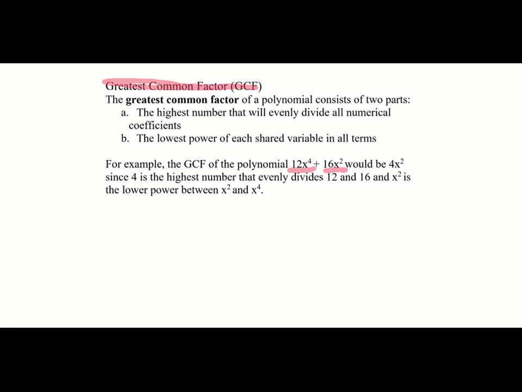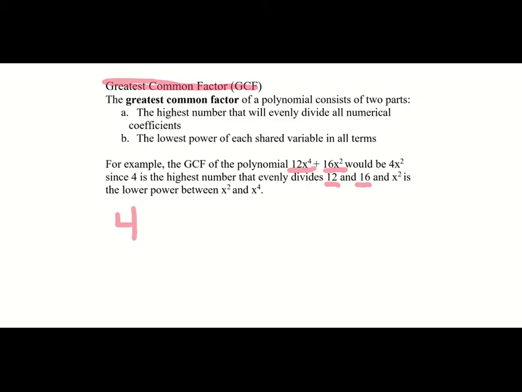So if we look here at 12x to the 4th plus 16x squared, for just the numbers 12 and 16, the highest number that will divide into both of those evenly is 4. So that's my greatest common factor numerically. And then with the variables, I have x to the 4th power and x squared.